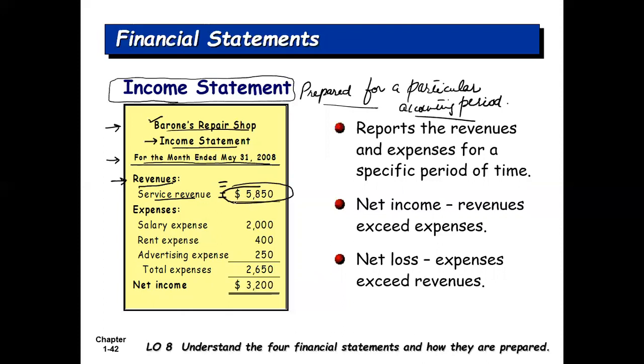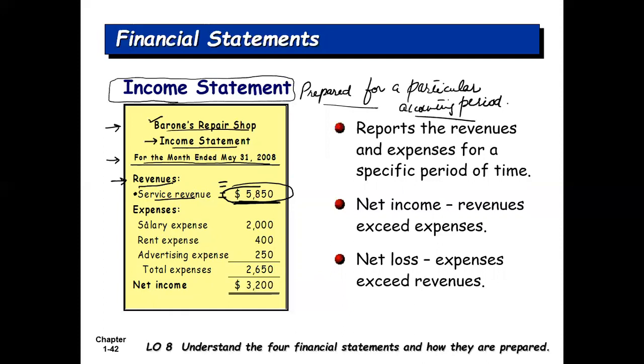As you can see, there is a line underneath this particular amount. Why? Because we have one heading, and whatever components are there for this heading, we have to total them, and the total will have a strike underneath, so we can understand that this total belongs to revenues.